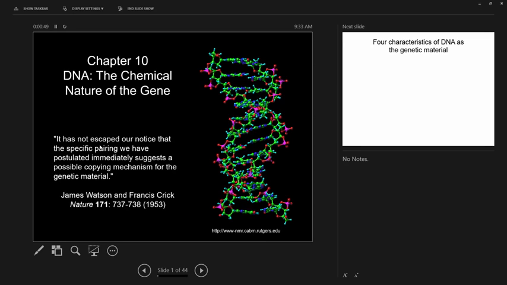So we're going to talk about how a single-stranded RNA copy of DNA is made in the process of transcription, and how this is translated from the language of nucleic acids to amino acids to make proteins.